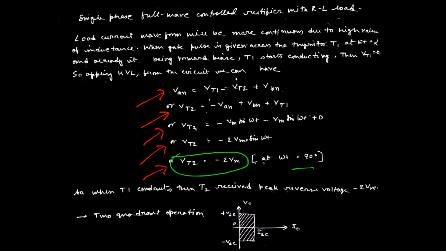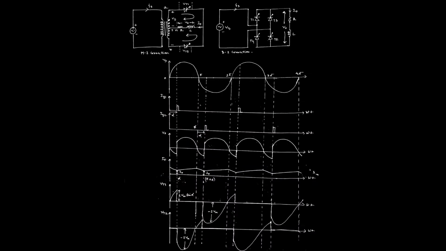Now the waveforms. The total working principle can again be described with the proper waveforms. Here the first thing is the supply voltage. As we have given an AC supply, this is the waveform of the AC supply. We have applied the triggering pulse across the first thyristor for the positive half cycle.